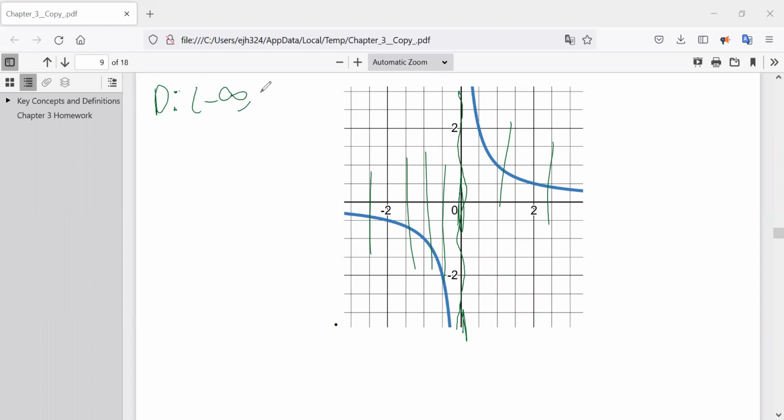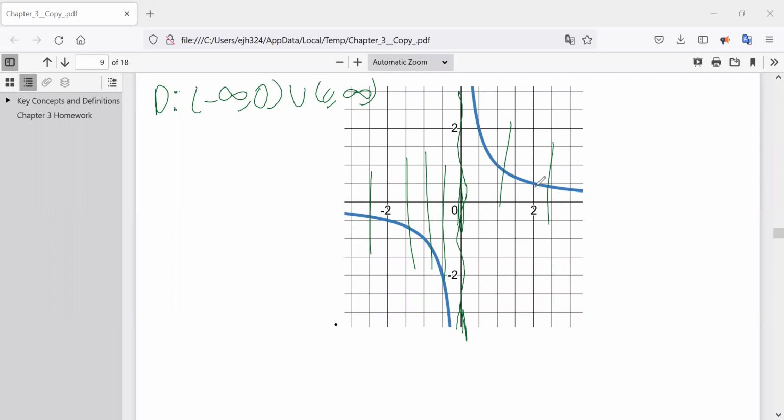Well, not to undefined, but to 0, union 0 to infinity. Because both of these are parentheses, that's saying 0 is not actually part of it, but we get everything else. Does that make sense? I think I'm starting to understand. Okay, because this function is going to be defined for everything other than 0.